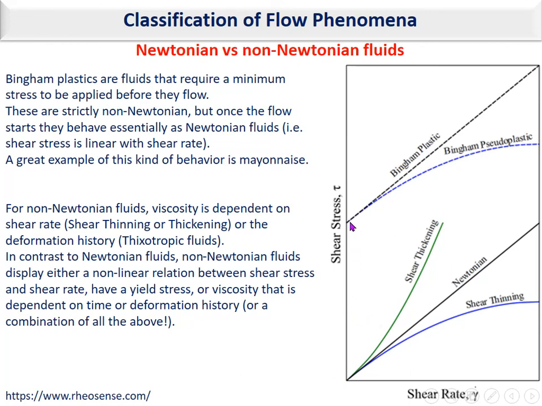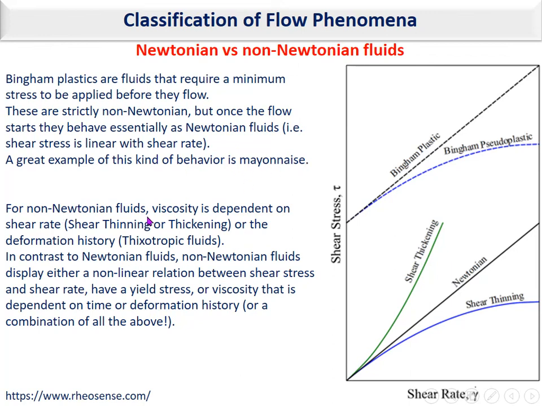You can see that this stress should be applied for the Bingham plastic to start deforming. These are strictly non-Newtonian, but the interesting point here is that once the flow starts, they behave essentially as a Newtonian fluid. As you can see here, the relation is linear.